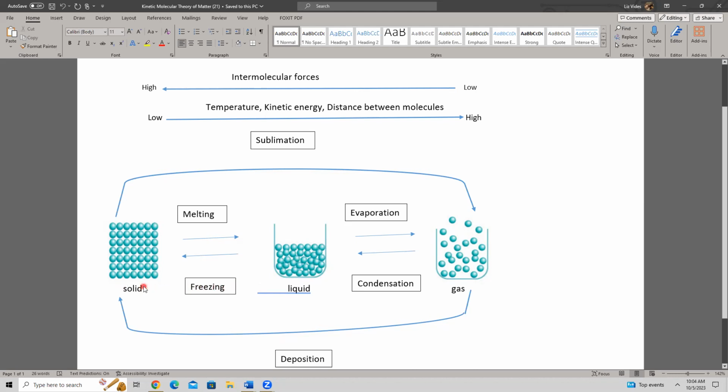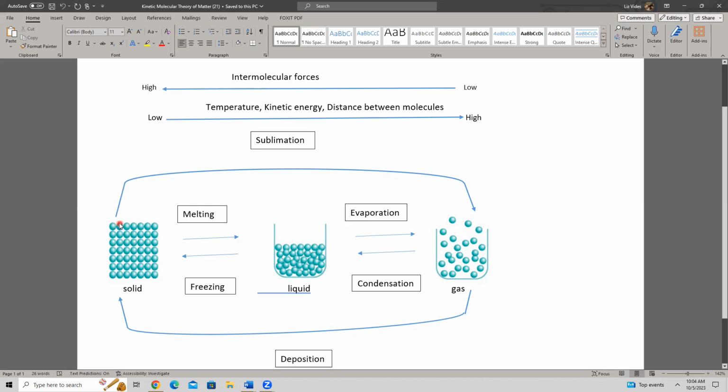And that freezing is, again, dropping some more energy out into the system. And the solid is now in fixed position, and it is a low temperature, low kinetic energy, very small amount of distance between the molecules. So that's how it works.